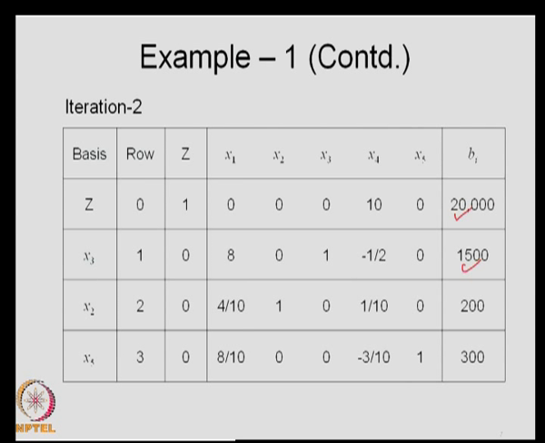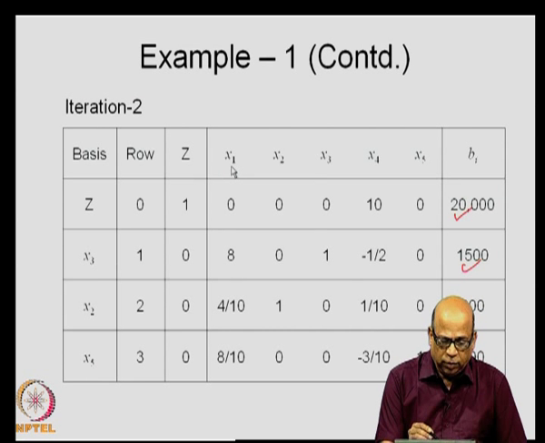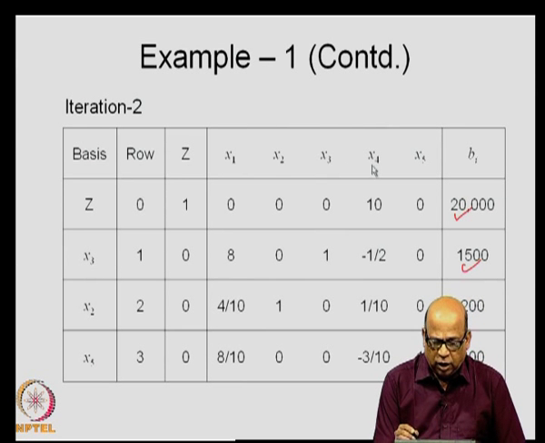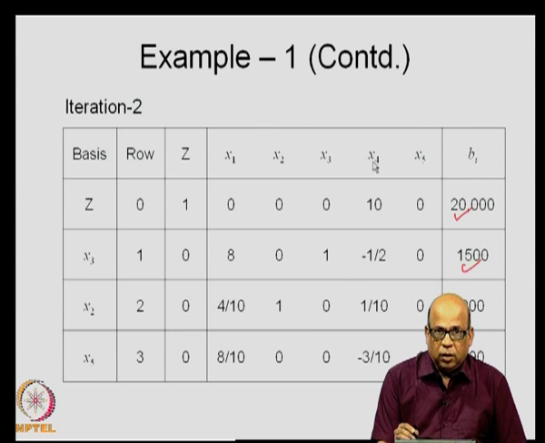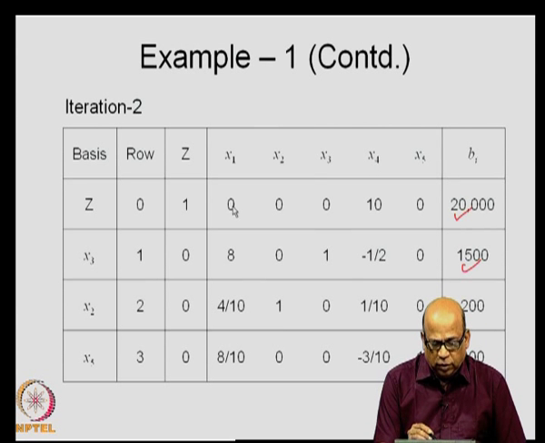Once you obtain the optimal solution, you should also look for alternate or multiple solutions, for which you look at the currently non-basic variables. The currently non-basic variables are x 1 and x 4. Then you look at the coefficients of these non-basic variables in the z row.